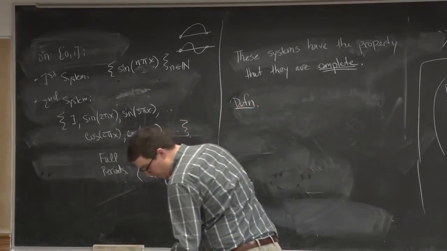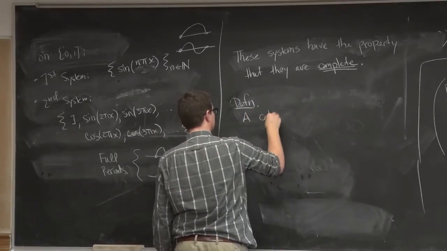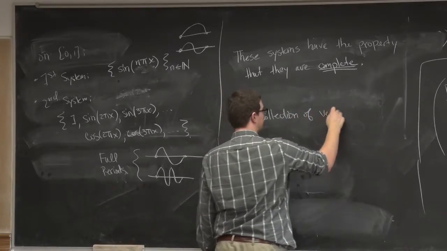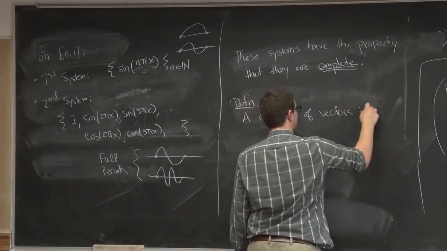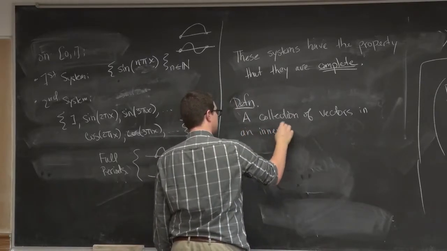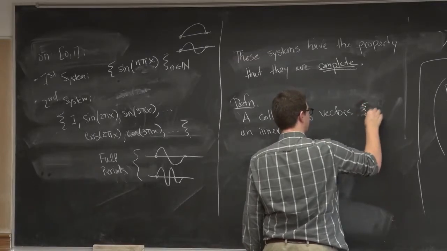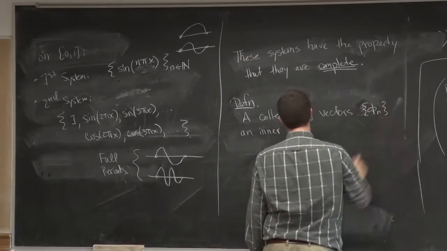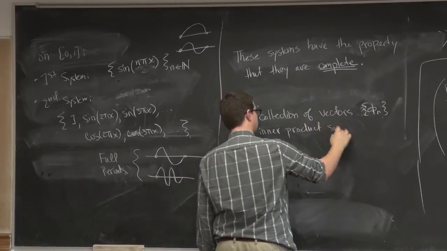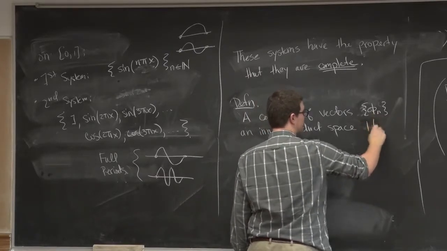A collection of vectors, let's give them a name, let's say phi n, in an inner product space, let's call this H.